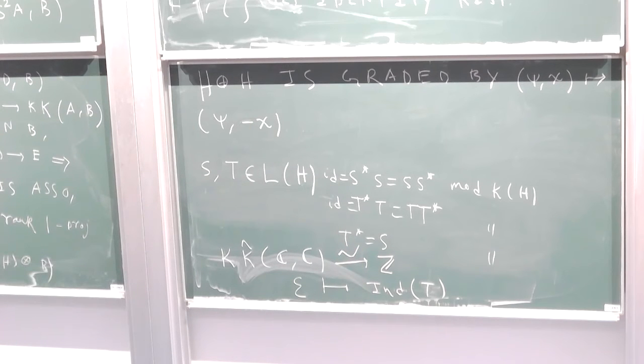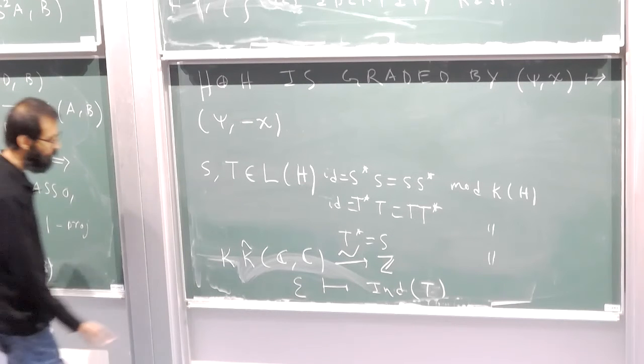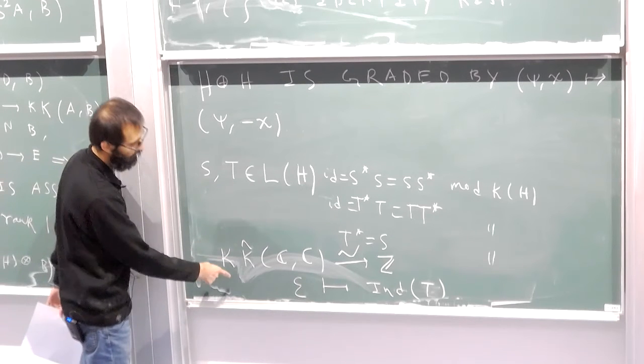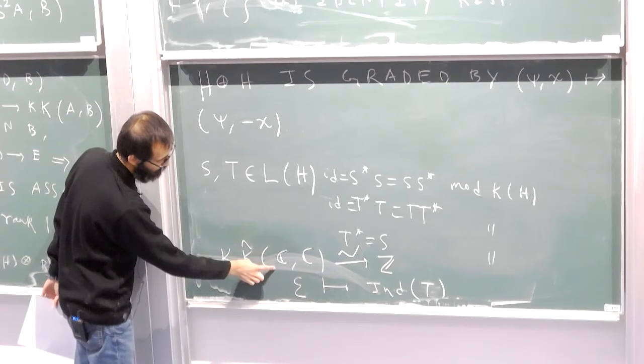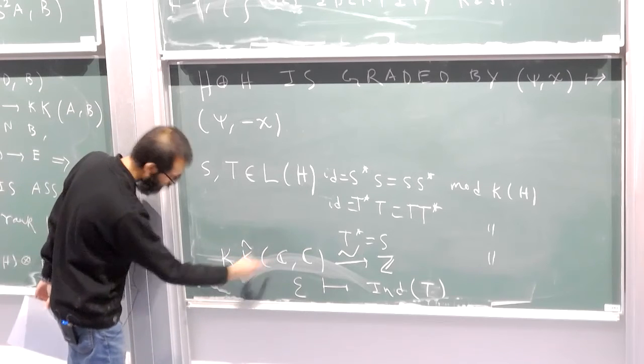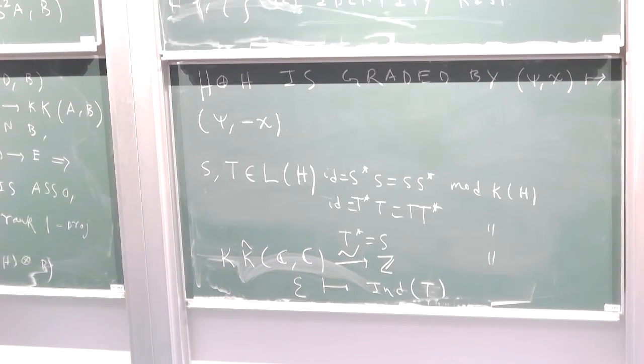So the first big step: KK hat of C comma C. When we say that KK hat and KK are the same for the first variable separable, then it would mean that KK of C comma C is also Z. I think I'll just keep the homotopy invariance part because it requires some more stuff.